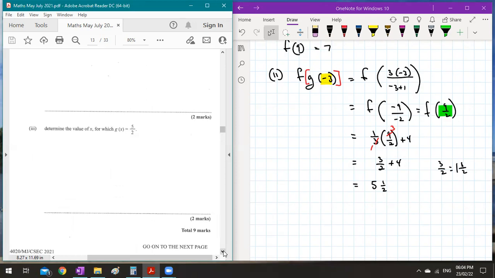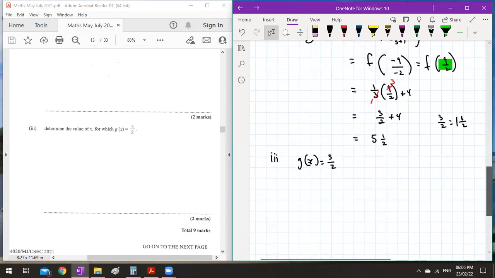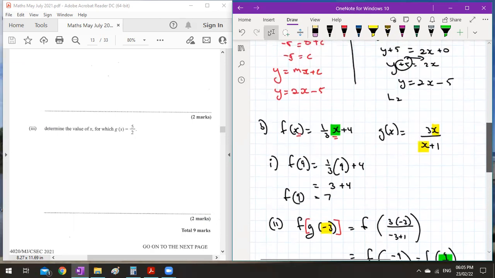Determine the value of x. So part 3. We have g of x is equal to 5 over 2. Now there are two ways to do this. We find the inverse of g and substitute 5 over 2 in it, or we simply put the g function equal to this and work it out.